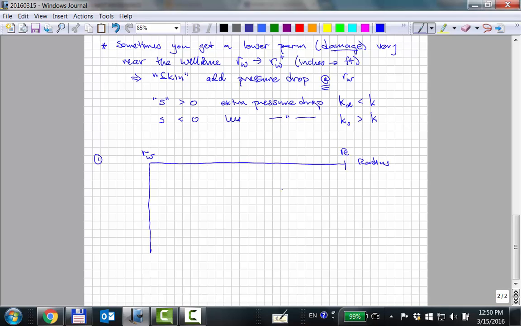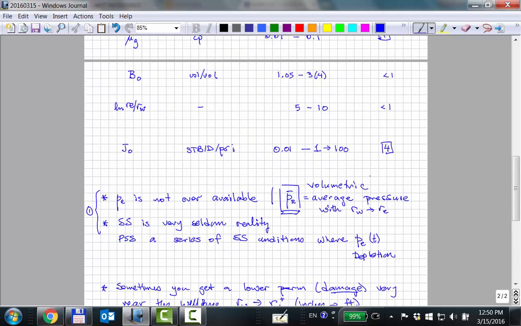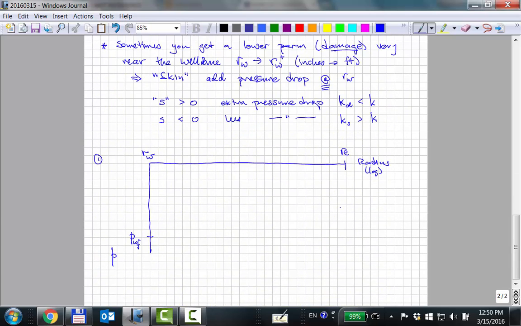For steady state flow, if we look at the pressure, where this is our bottom hole flowing pressure, and I'm going to use a log scale here. When you derive this steady state equation, you could actually solve for the pressure as a function of radius.